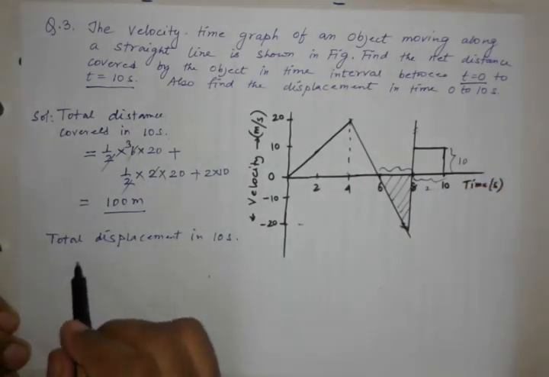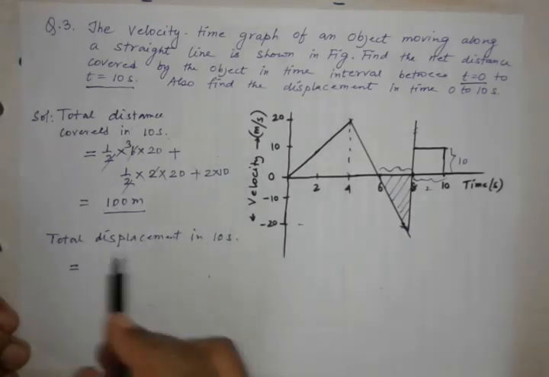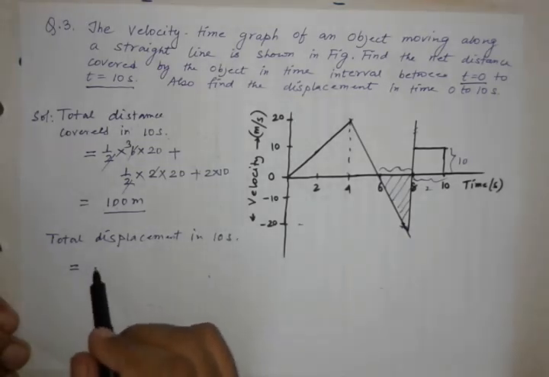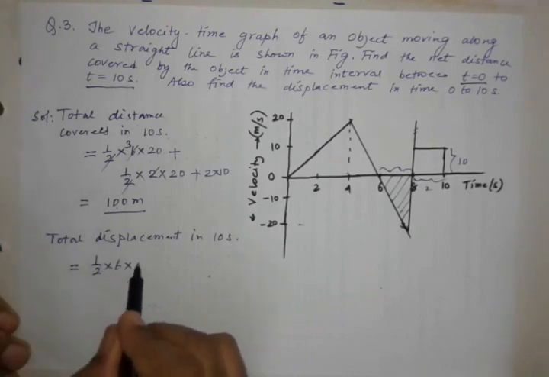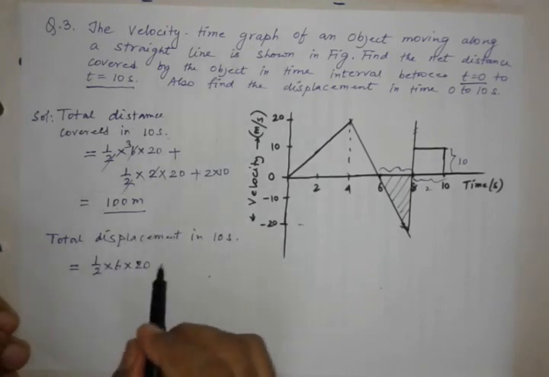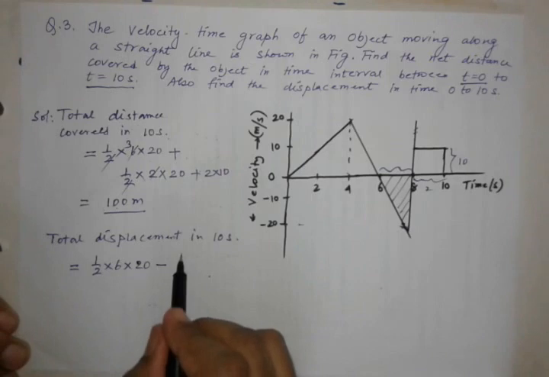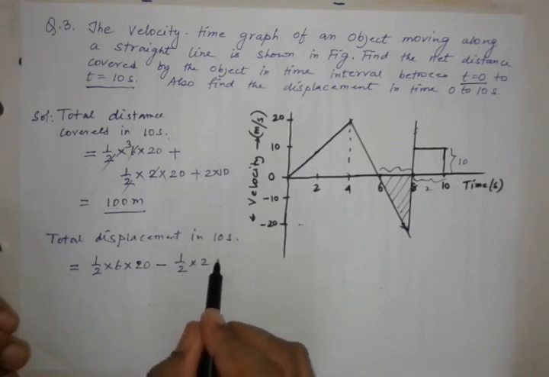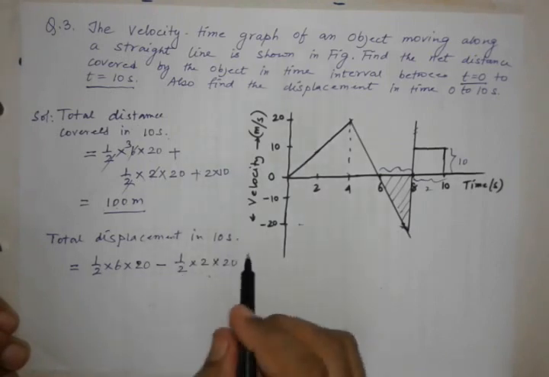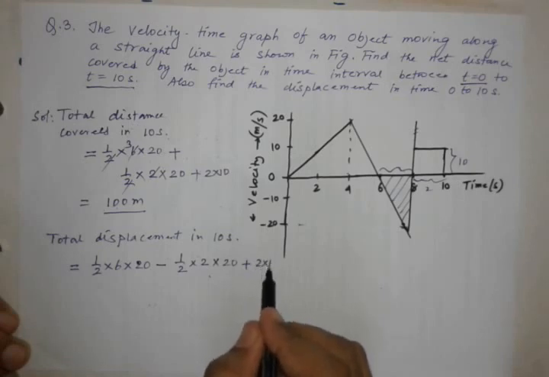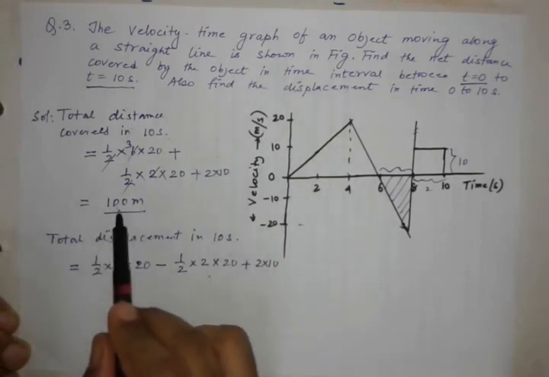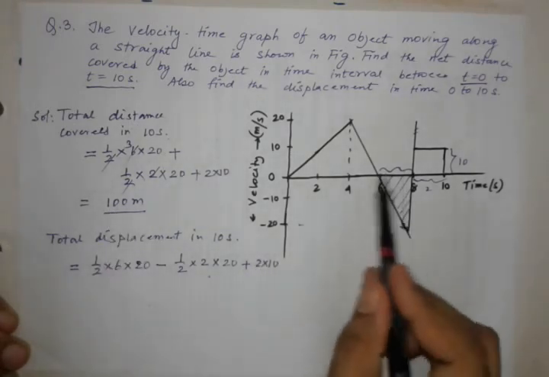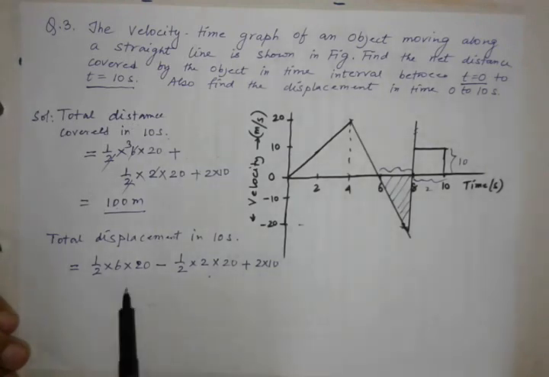So total displacement will be how much? If you split this one again, you can write half into 6 into 20, same like this, minus half into 2 into 20 and then plus 2 into 10. Or directly you can put minus 100 into this much area, then also you can get the answer.